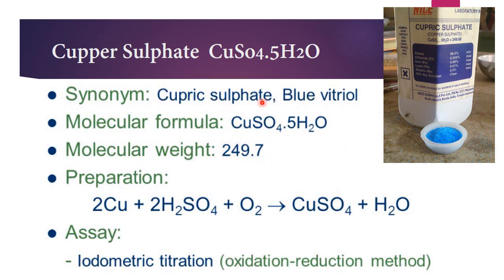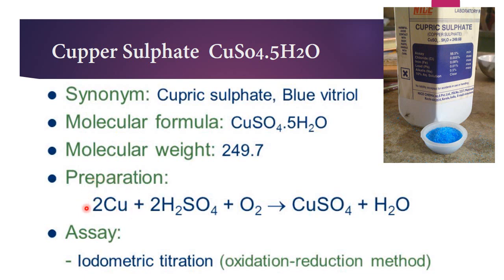The commonly occurring form in nature is the pentahydrated form, CuSO4.5H2O. It is present as blue vitriol, as bright crystals or powder, with a molecular weight of 249.7. How can it be prepared?